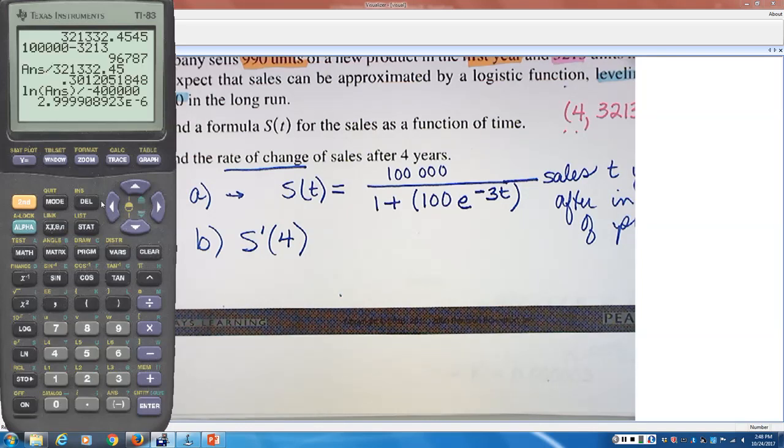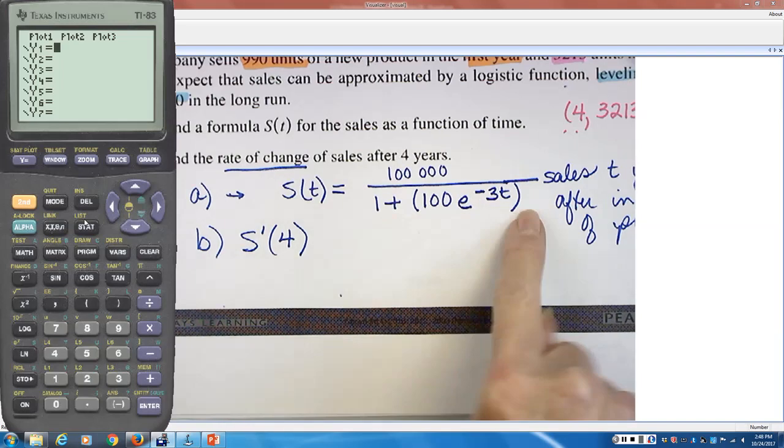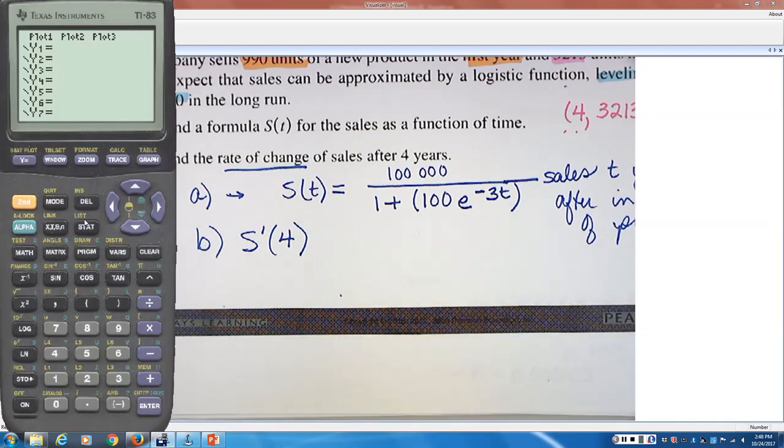Go to your calculator, clear off your home screen, go to your y equals menu, and if there's anything there, clear it off too. We're going to type this function in at y1. We're going to have to be careful that we put parentheses where they're needed, or the function's not going to be the right function.